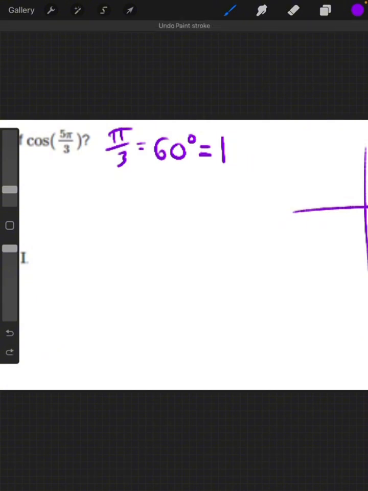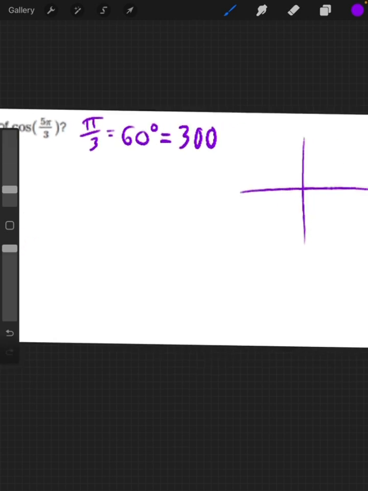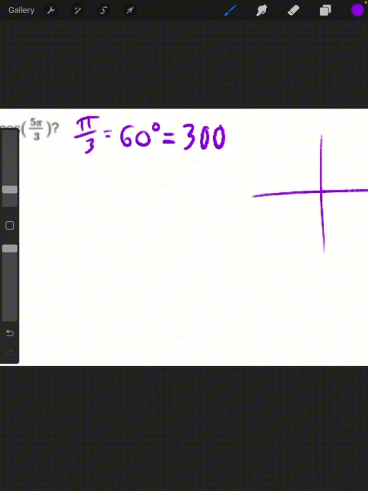No. What am I talking about? We would get 300 degrees. And we know a full circle is 365. So then our angle is 65 degrees.